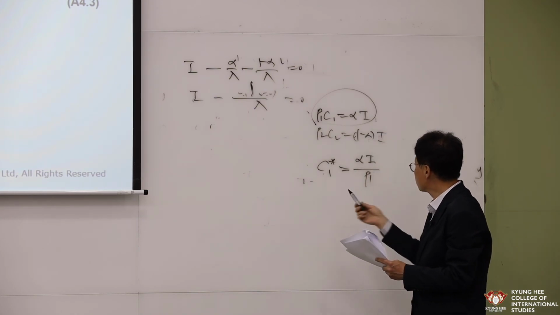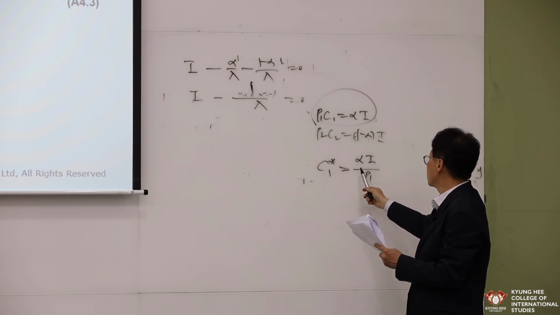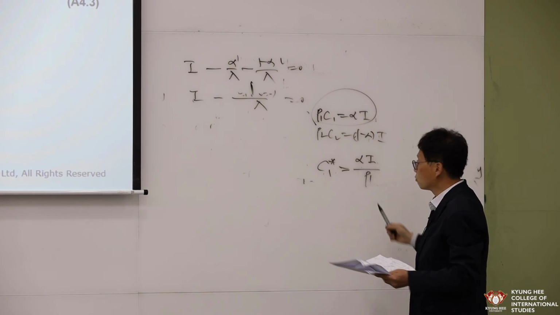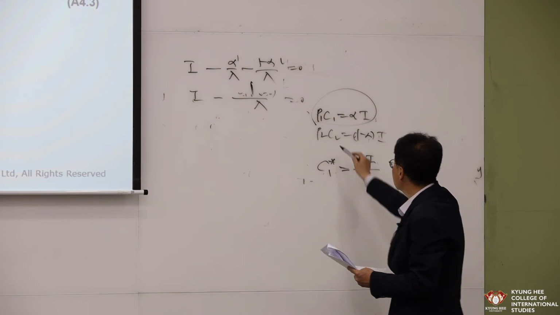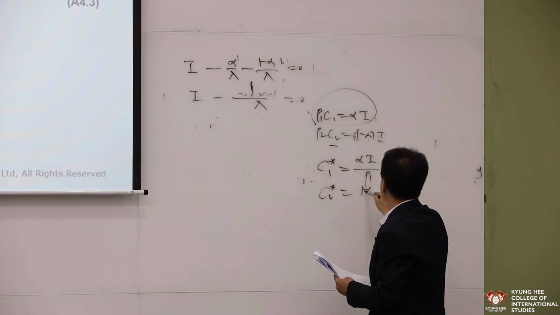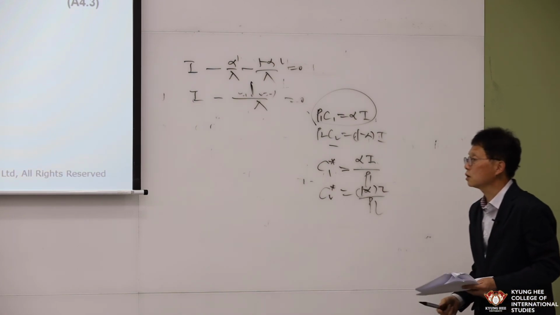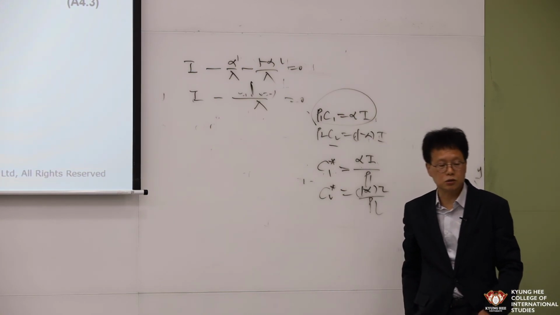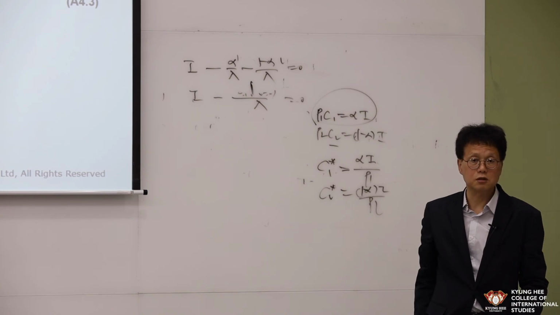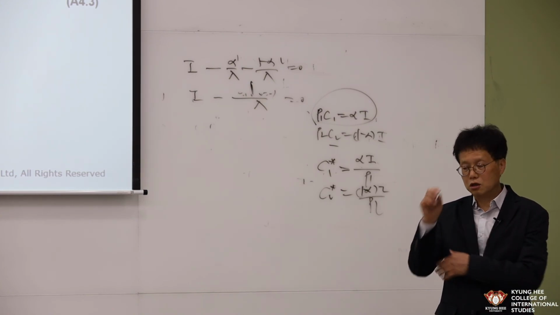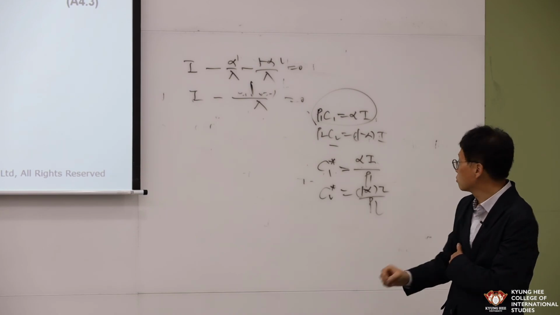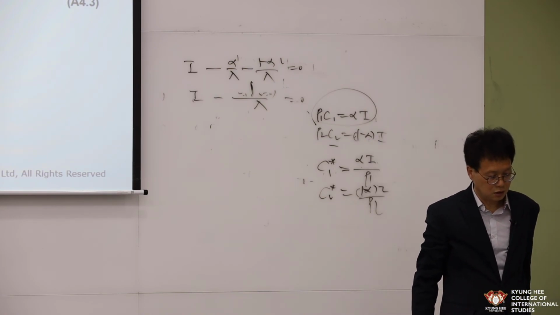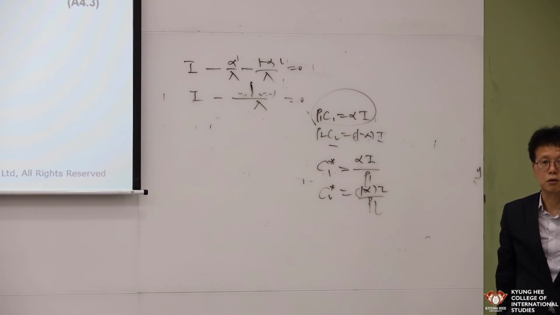Demand for good 1 is specified by constant numbers alpha, I, and P1, the price of good 1. So solved. From here, C2 star is equal to 1 minus alpha I over P2. So we can calculate demand for good 1 and demand for good 2, the solution of utility maximization with respect to the budget constraint when the utility function is Cobb-Douglas format. The conclusion is this one. So this is the end of chapter 4. Thank you very much.